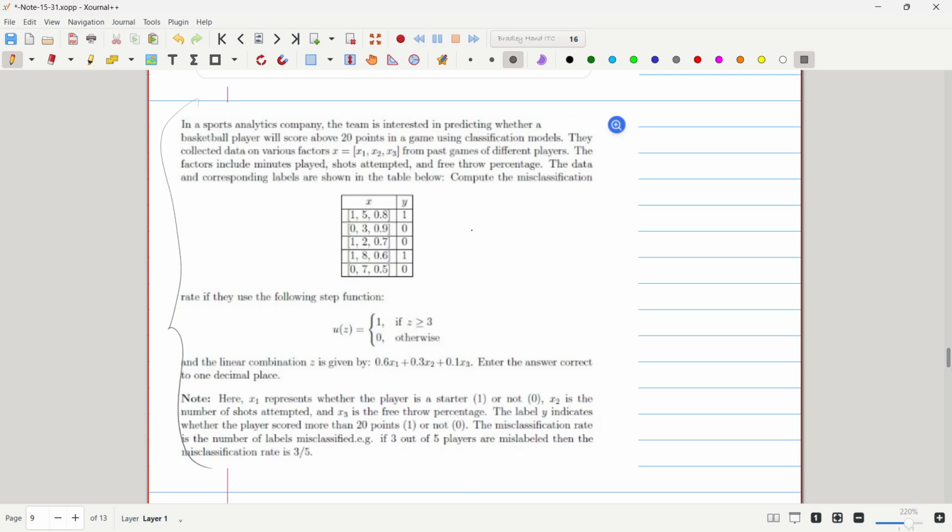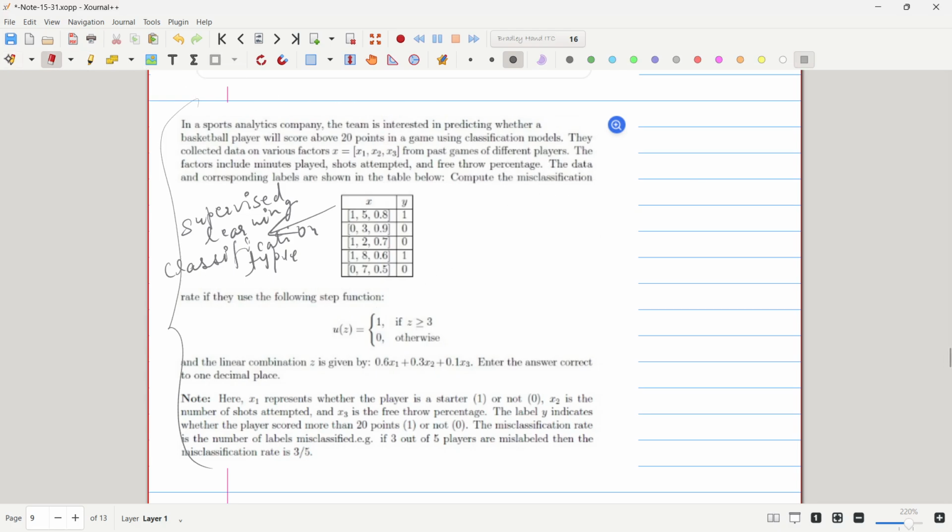This is a case study question. You are given x, y. This is basically classification in supervised learning, classification type. We generally use the signum function to find the loss function of the classification type.